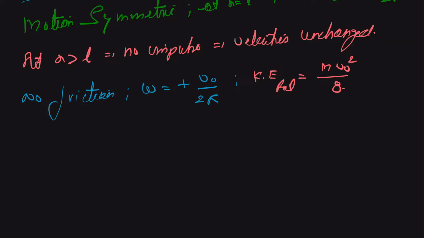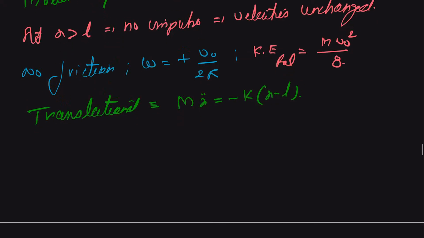Then there will be translational motion. So for the translational motion we can write the equation m x double dot is equal to minus k (x minus L), and we can also write the equation for our energy.